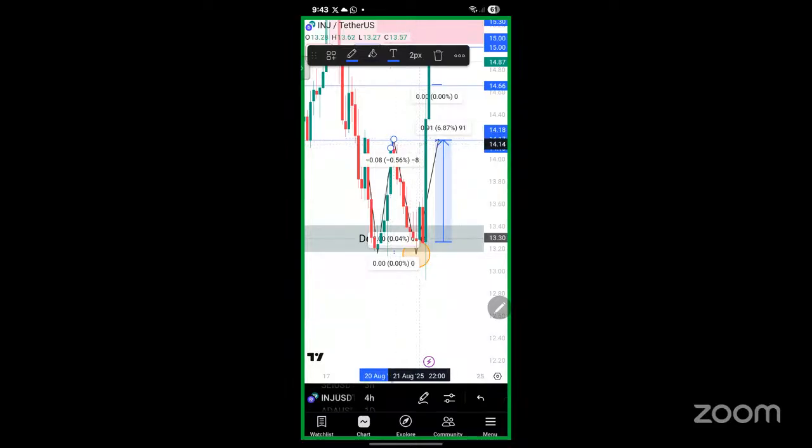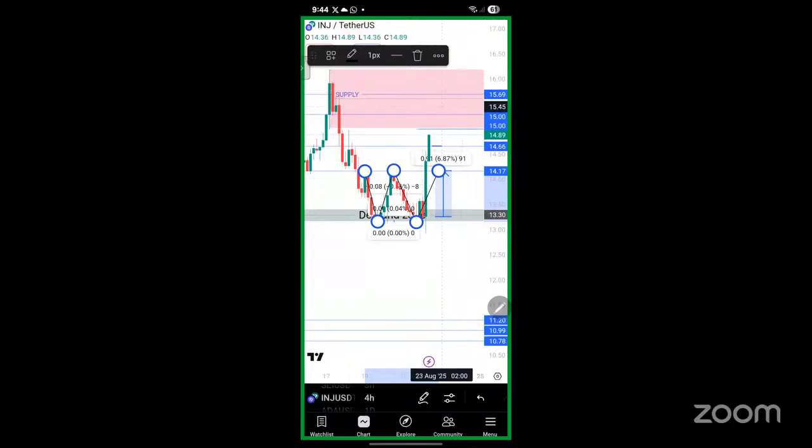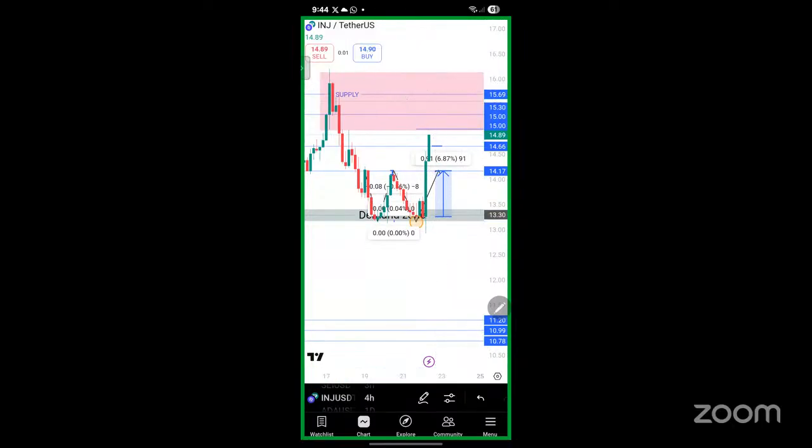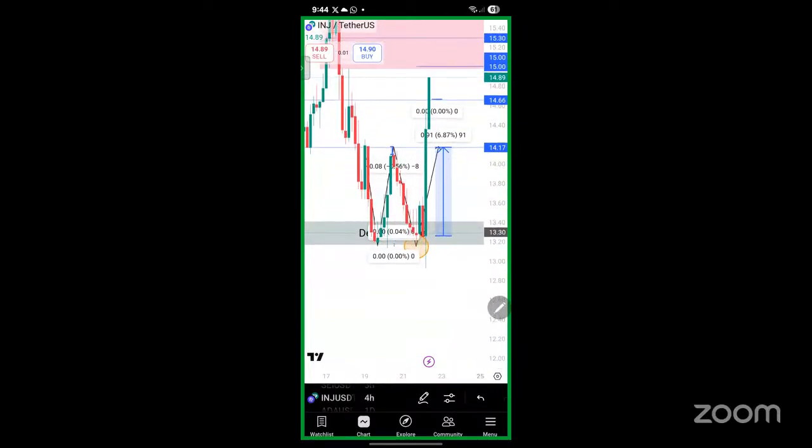Once the structure is broken go to the lower time frame, you confirm your entry, you take profit to the supply zone, and when price reaches the supply zone here we shall always wait for a sell, you understand?